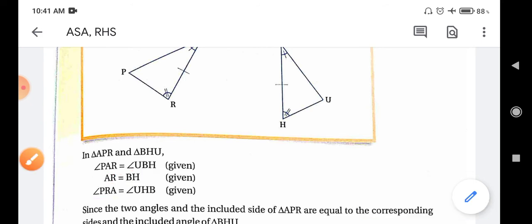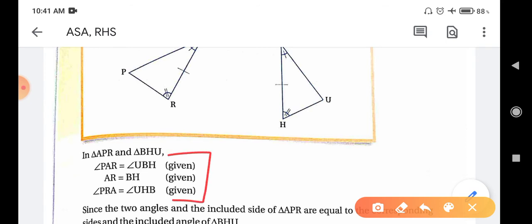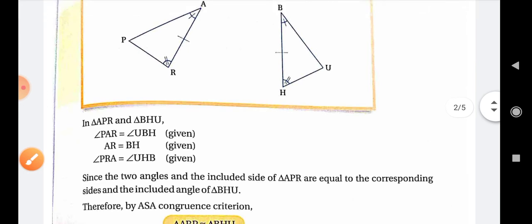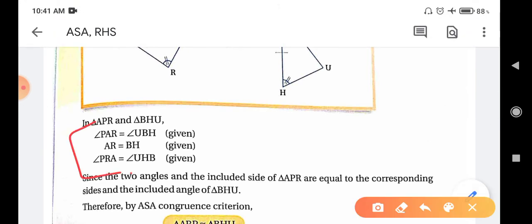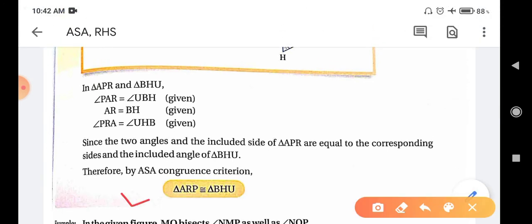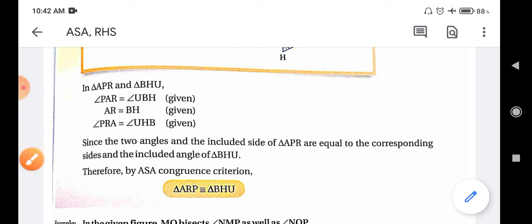All these conditions are given, so we will write here given. And then by using all these three conditions, we get that triangle ARP is congruent to triangle BHU by ASA, angle side angle.